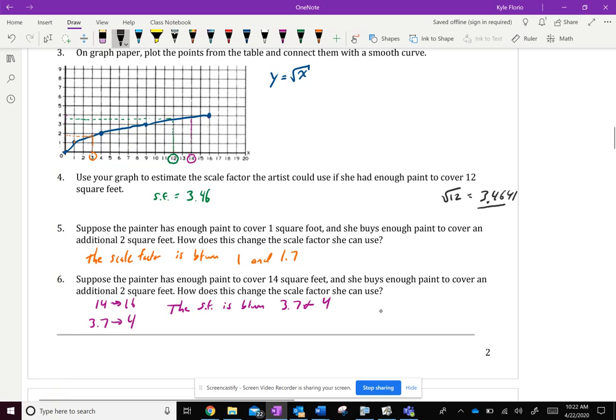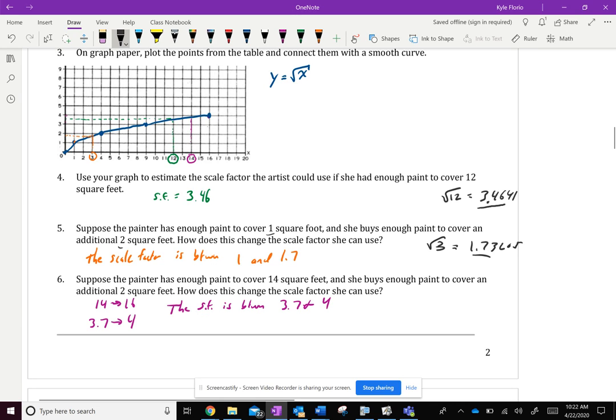Number 5, if I started with an area of 1 and I got all the way up to 2, that's a total of 3. The square root of 3 is 1.73205. It goes on forever. And I said 1.7.